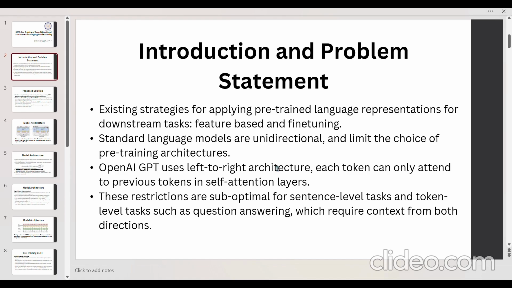Here, every token can only attend to previous tokens in the self-attention layers of the transformers. This method is not optimal for sentence-level tasks, and this can be inefficient when applying fine-tuning based approaches such as question answering, since these tasks require context from both directions.